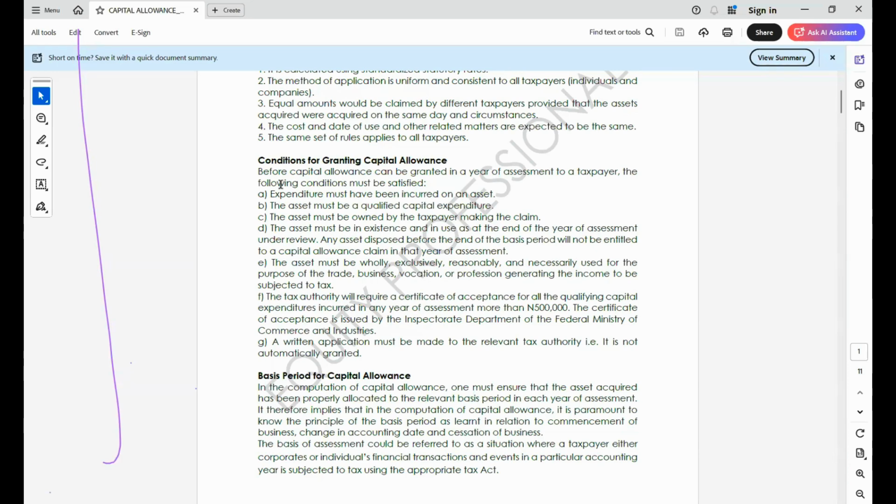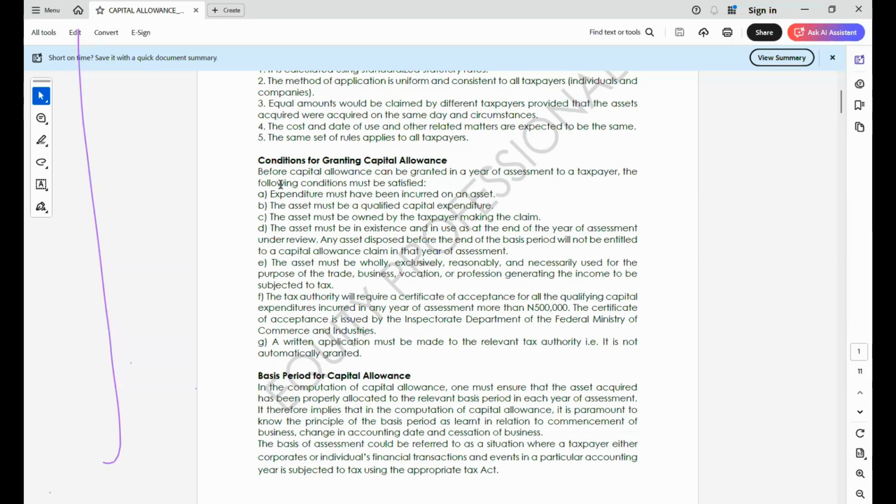qualifying capital expenditure. For example, assuming a taxpayer that is into business acquires a stapler machine, this machine that we usually use to staple our documents. That stapler machine is going to last for more than a year, but when you buy it, those assets may not be capitalized because the cost is not that much.